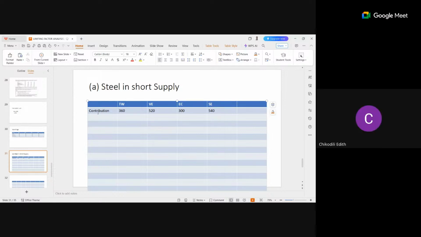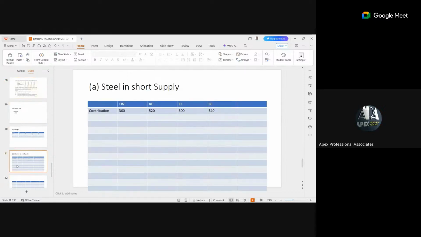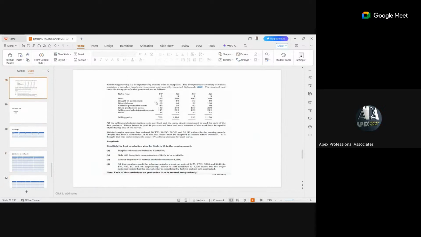Now, for us to get the contribution per limiting factor of steel, what are we going to do? Divide the contribution by these steel values here: 250, 500, 190, 390.